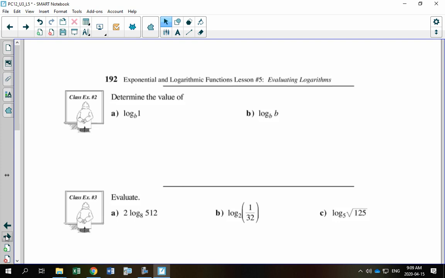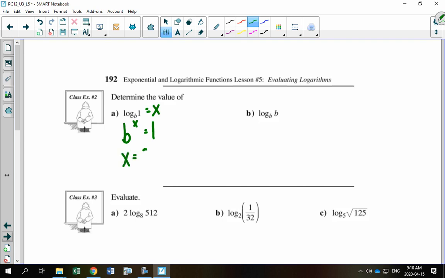Okay, number 2, same thing. Determine the value of log base b of 1. If I make it equal to x, this would be b to the power of x is equal to 1. So again, what does that exponent have to be? The exponent has to be 0. And for this one, log base b of b equal to x.